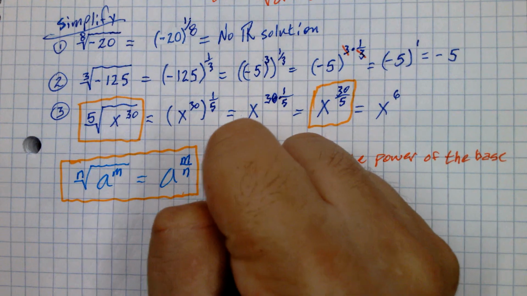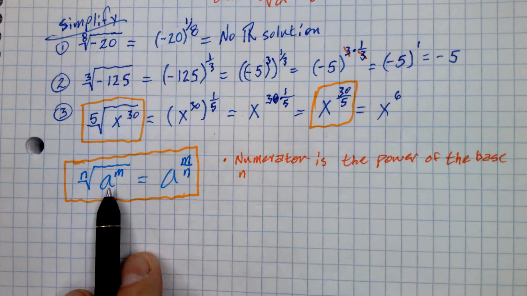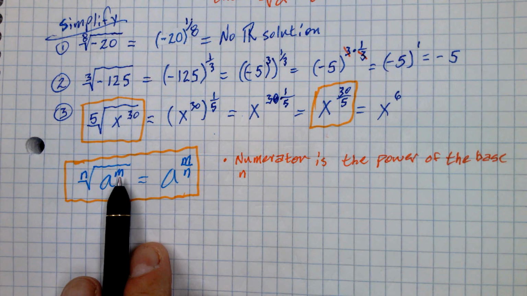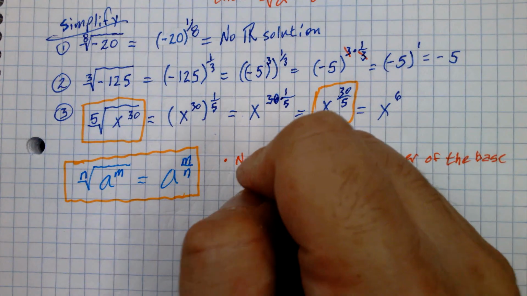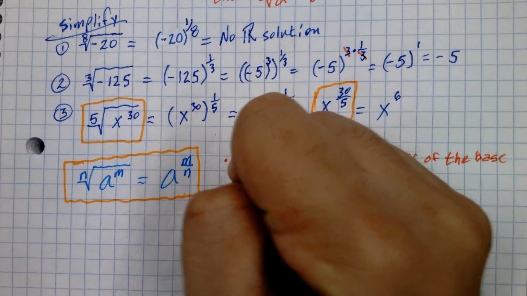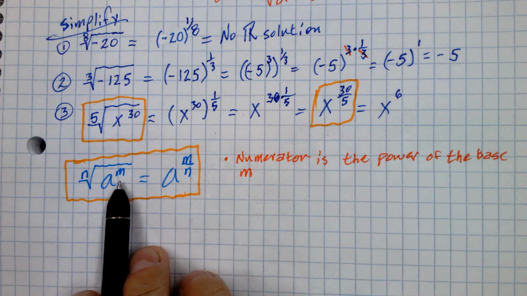The base number was a, right? And the power was m actually. And that was m.